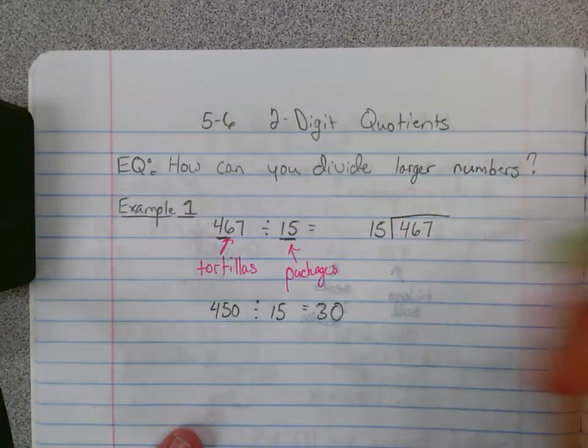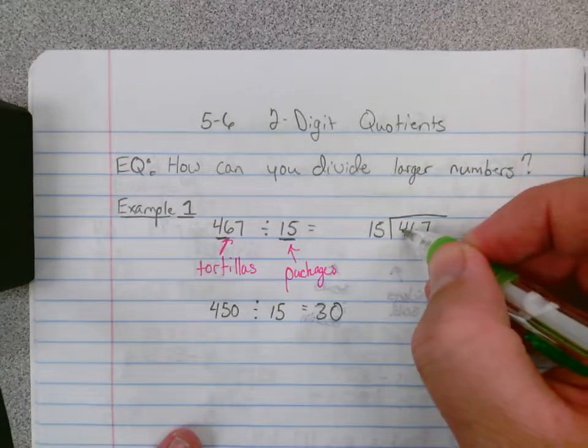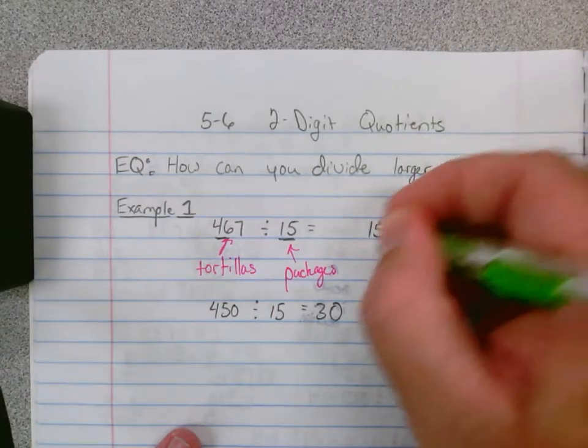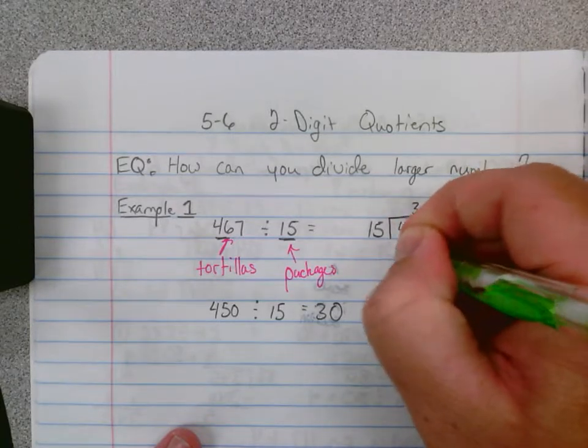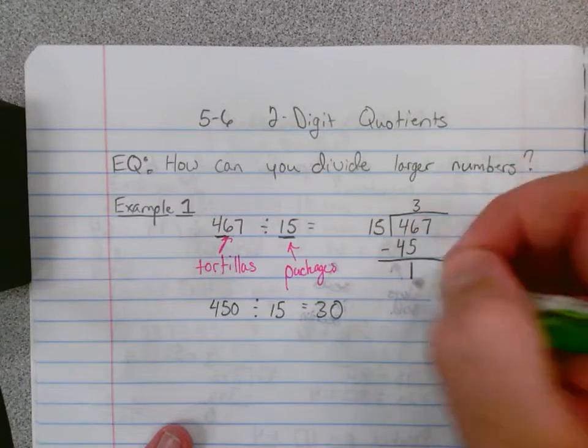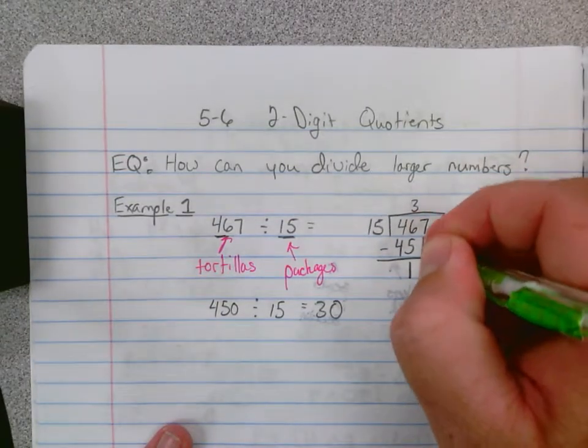So if I do 15, does 15 go into 4? No. Does 15 go into 46? Yes. And I know it goes in there 3 times because of 45 and 15. 3 times 15, 45, gives me 1. Does 15 go into 1? No. Bring down the 7.